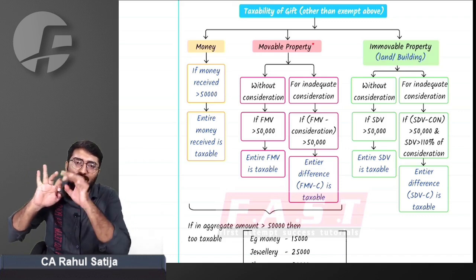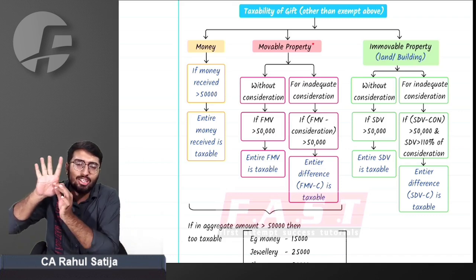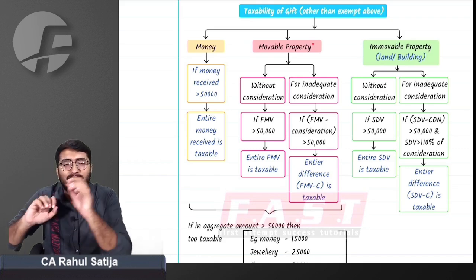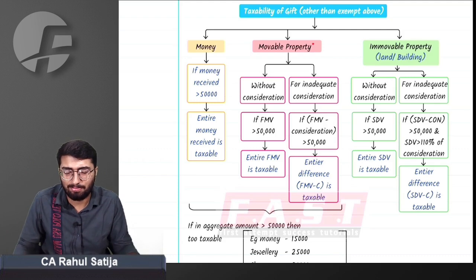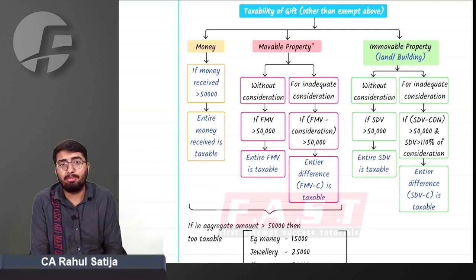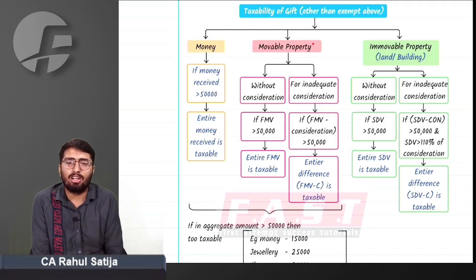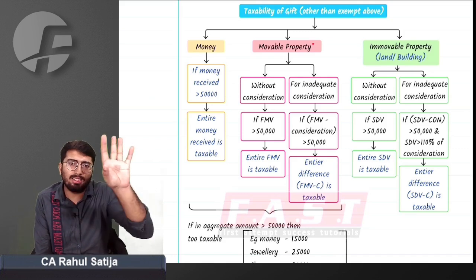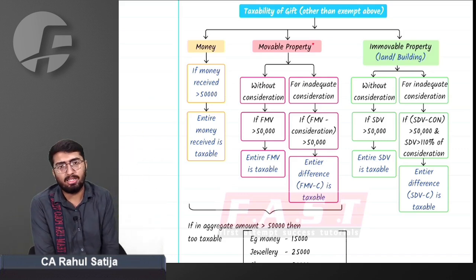Sir, shares, securities, drawings, paintings, sculptures, archaeological collections, any other form of art, bullion, virtual digital asset, and one thing I forgot. These 10 things will only be taxable in the hands of the recipient if they are part of movable property. Only these things will be considered as movable property. Rest all the things are removed from the definition of movable property.